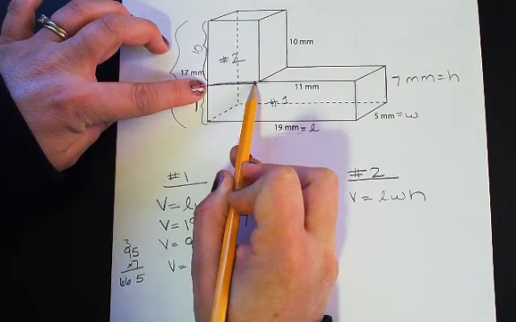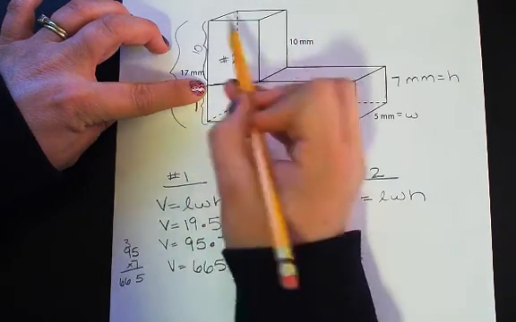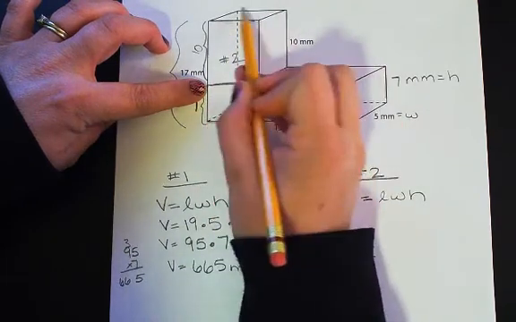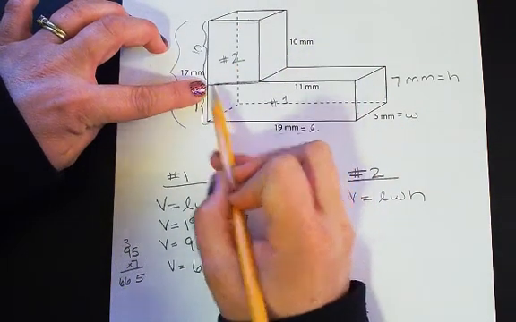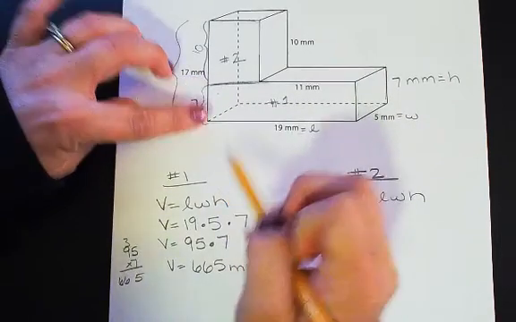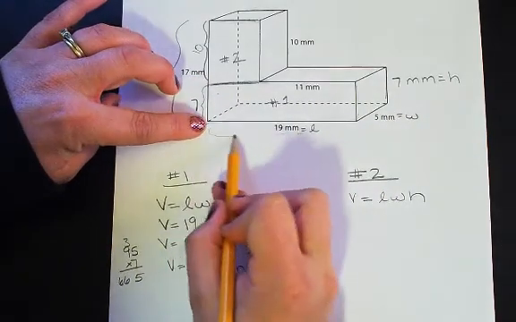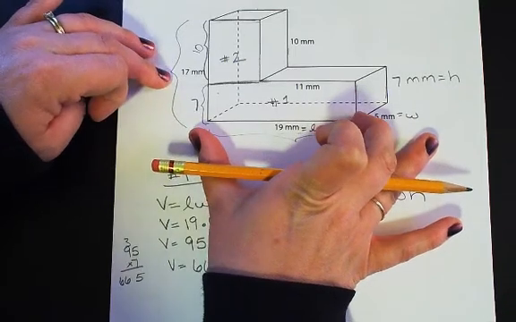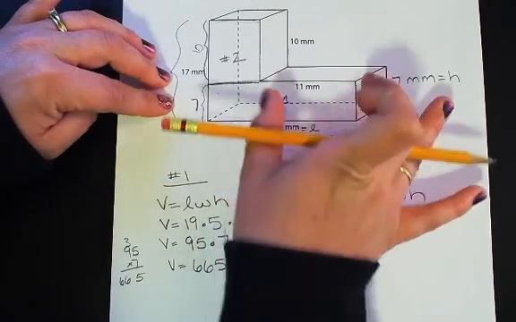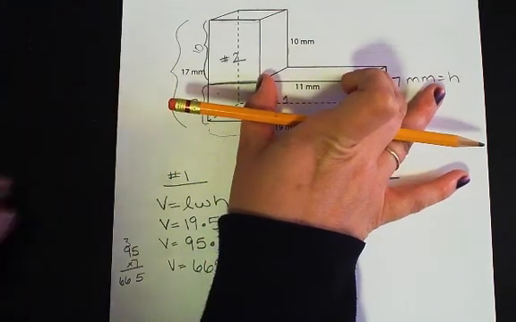And in this case, I need to figure out this dimension right here. Again, they didn't give it to me because it's an added part. I don't see it up here, and I don't see it here for me to bring down. So I have to use what's around me to solve it. What I do know is that this entire length is 19 from here to here.